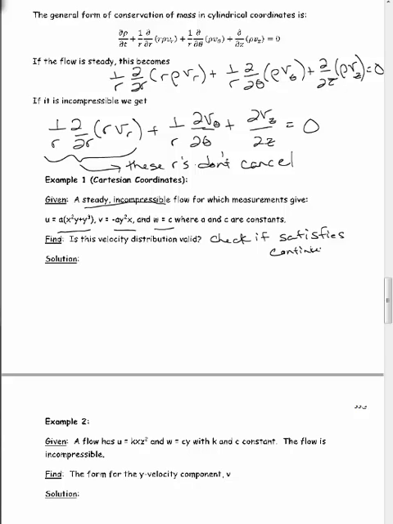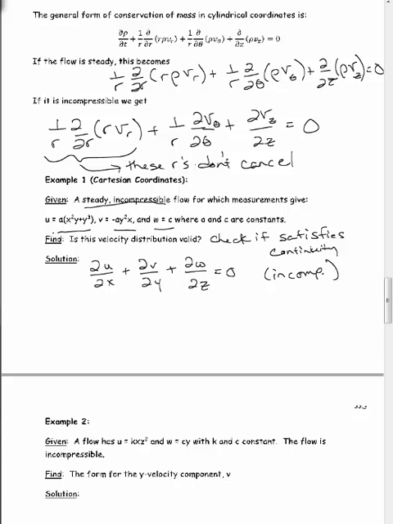So if we do this stuff up here, if it doesn't come out to be 0, then it does not satisfy continuity. So that's what we need to do. This is not cylindrical coordinates. Go back to your regular rectangular coordinates, du/dx plus dv/dy plus dw/dz equals 0 for steady incompressible, right? That's actually for any incompressible. Okay, so du/dx, we can find that.